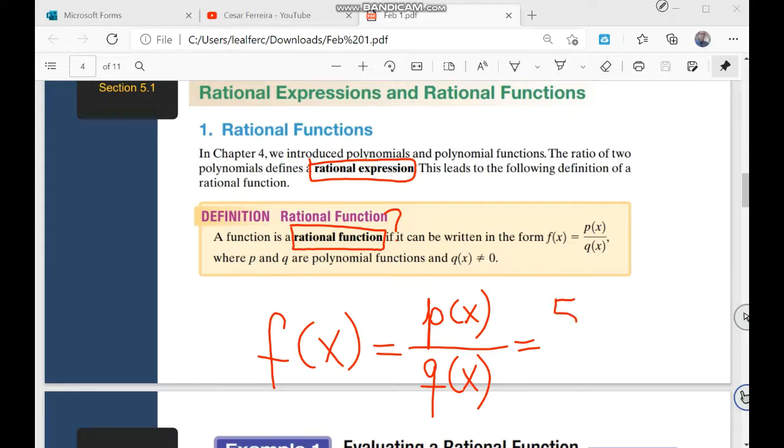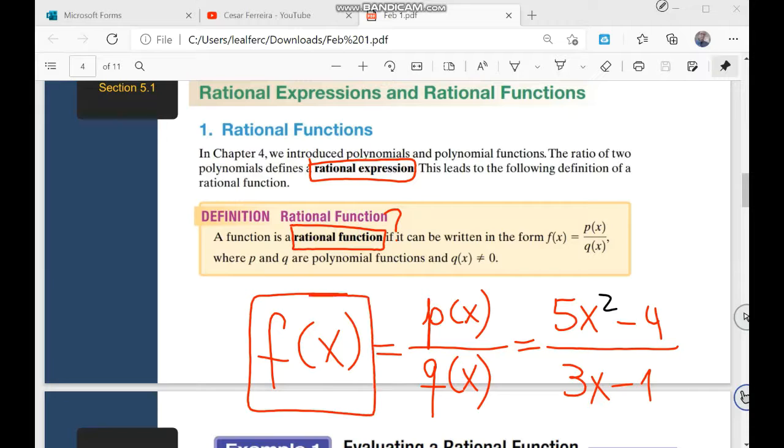Let's say an example here: 5x squared minus 4 over 3x minus 1. This might be a rational function as long as you write it with function notation.